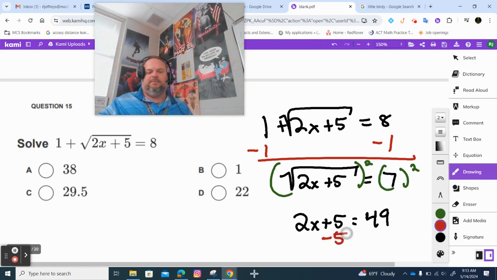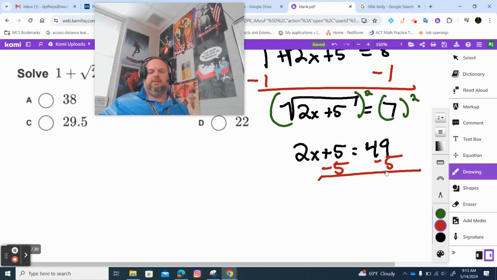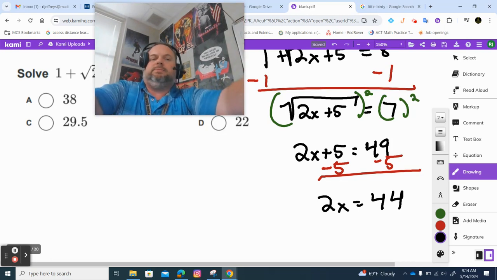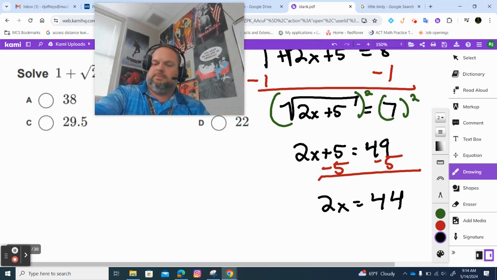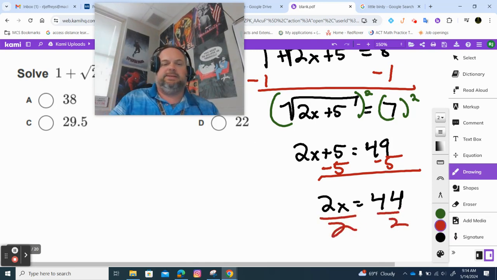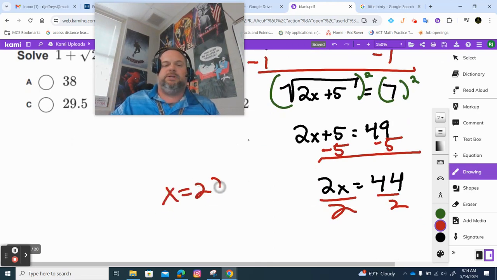Subtract the 5. Ran out of room. Now what do we do? Divide both sides by 2. We should get x equals 22. Final answer.